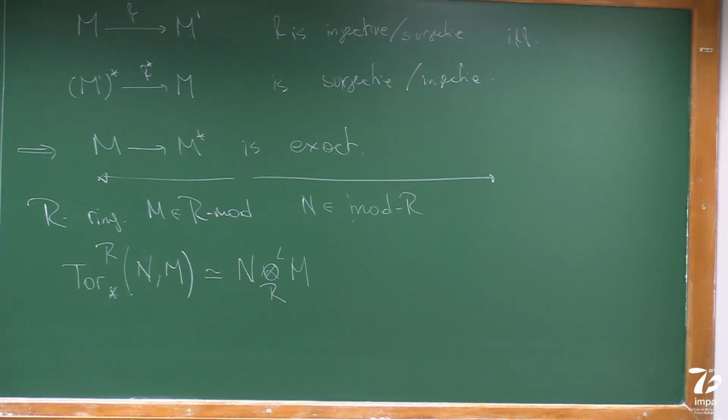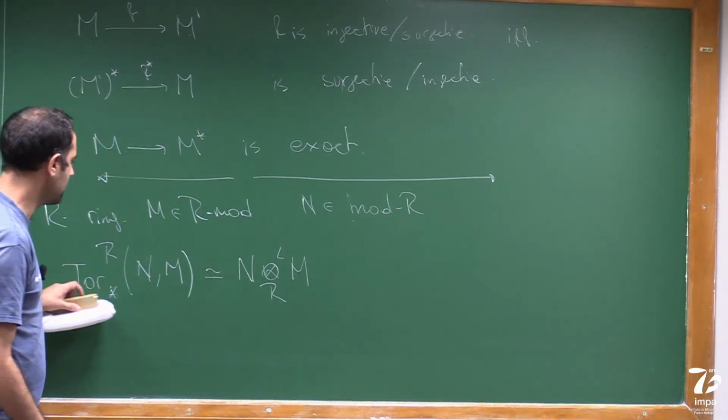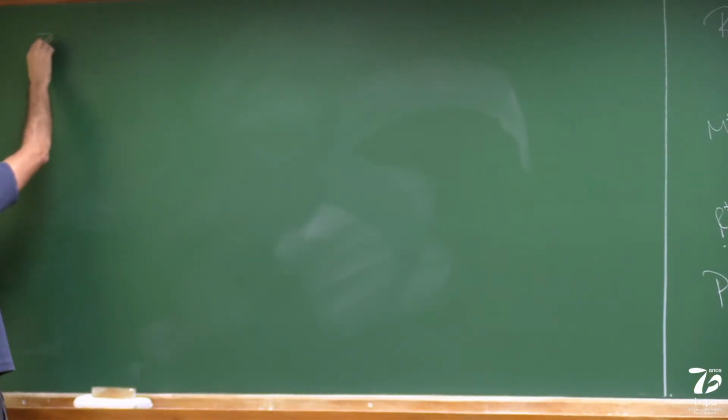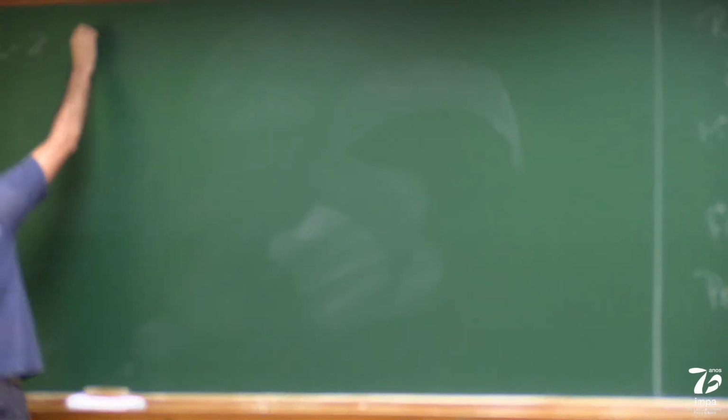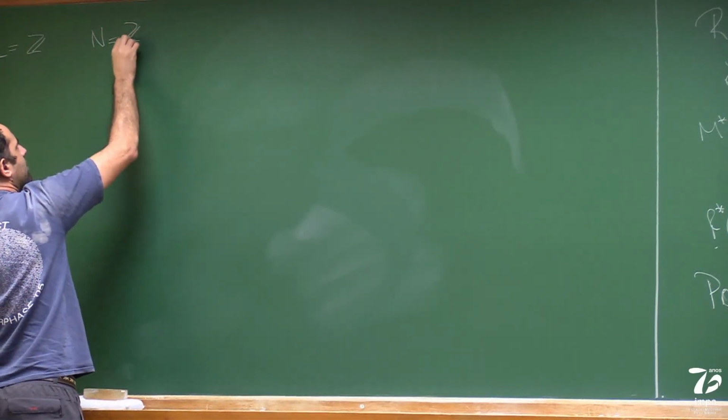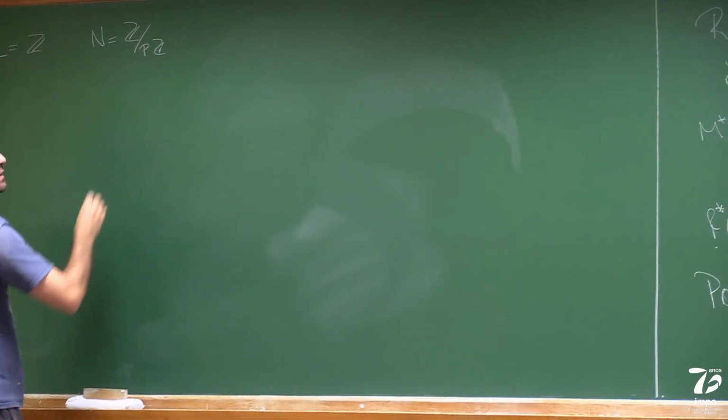So let's recall why the name torsion for these groups. Why are these guys called torsion groups? And this came from the following observation. I could take R to be Z. I could take N to be Z mod pZ, which is a Z module.